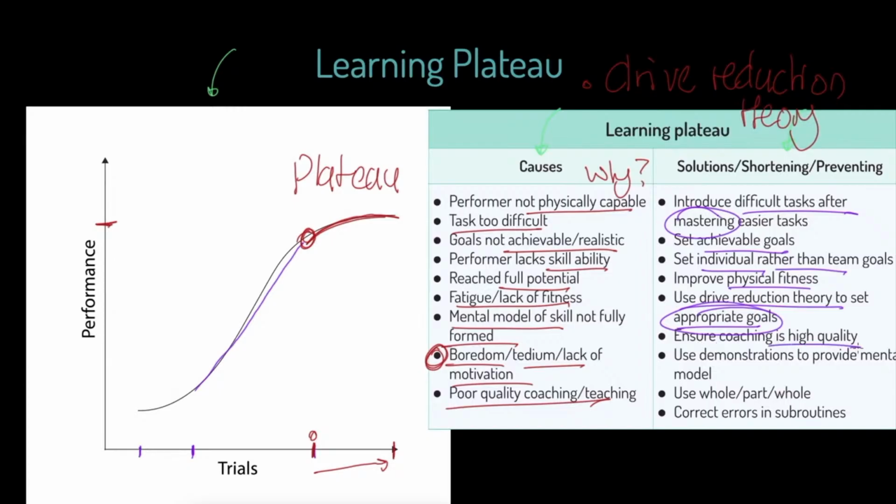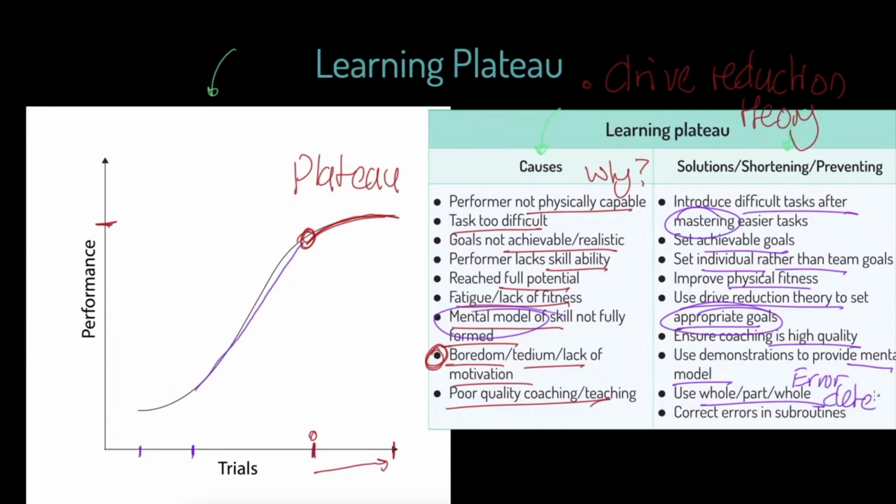Ensure coaching is high quality. That could mean going on coaching courses. Learn your stuff, mate. Know what your coaching points are. Use demonstrations to provide a mental model, really important from this perspective, the mental model of the skill. Use whole, part, whole. This is a really nice place. The key thing with whole, part, whole, folks, is it's really good for error detection.